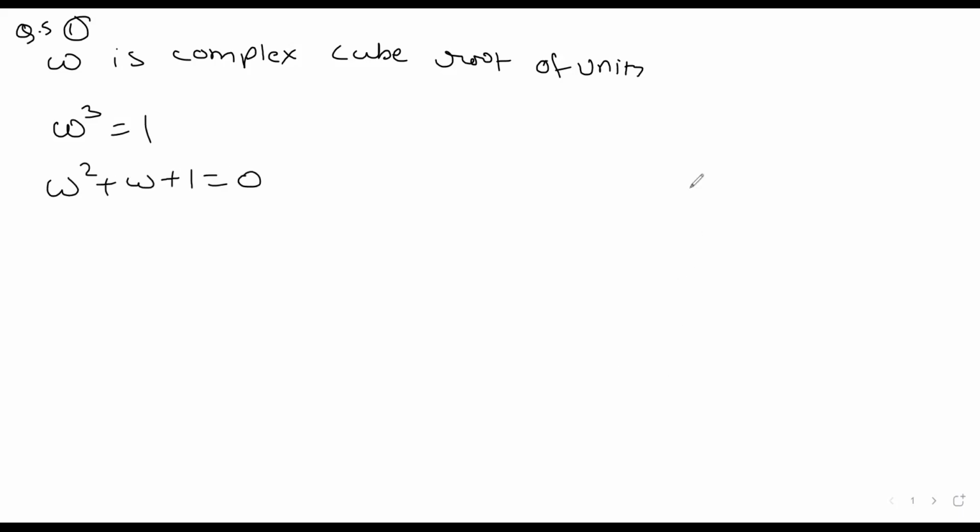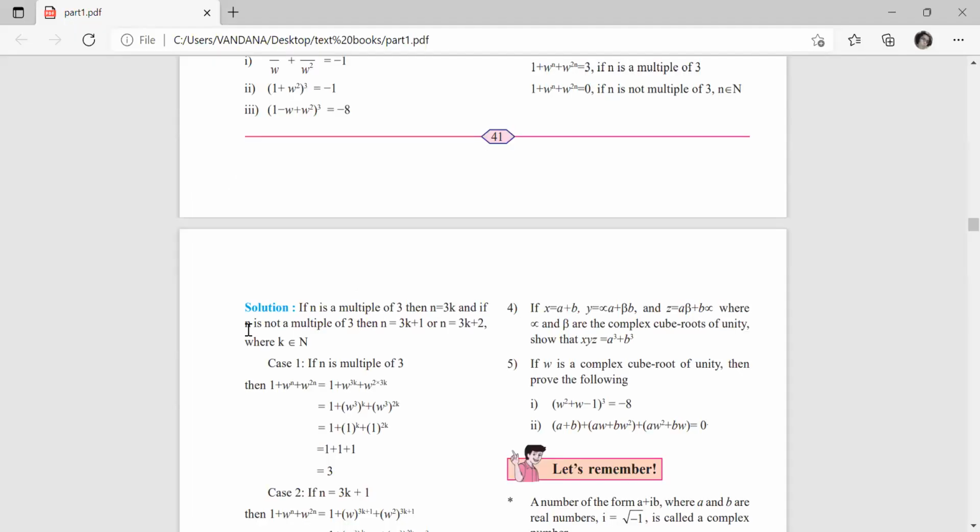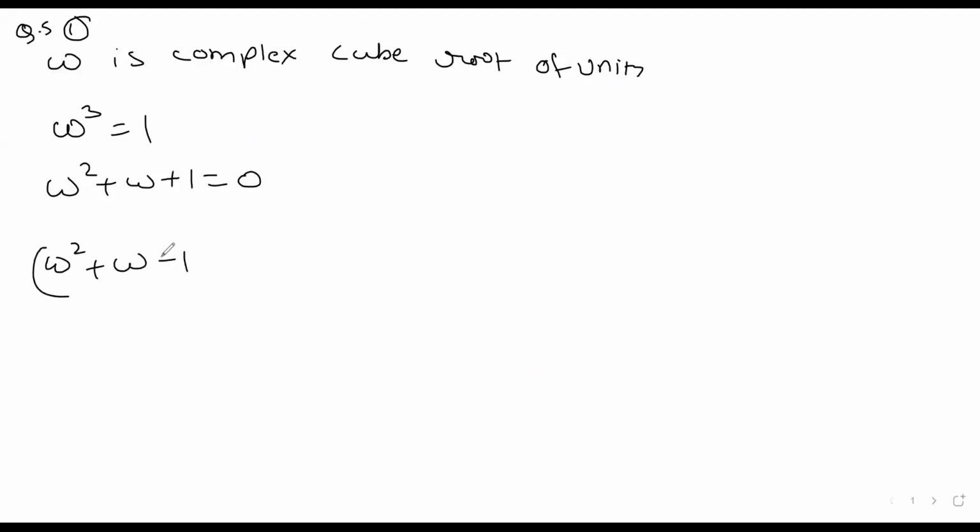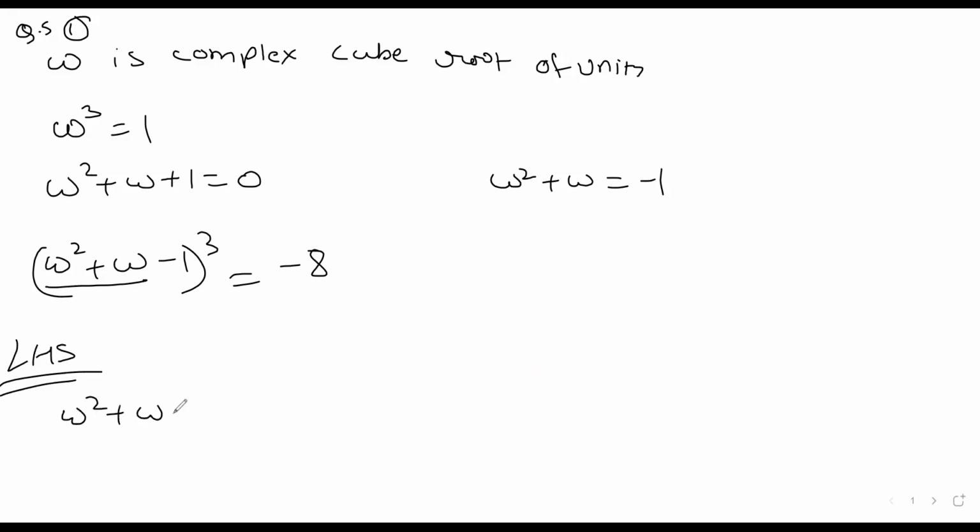These are the two things. Now see, w square plus w is equal to -1. So the LHS will be (-1 minus 1) whole cube, that is (-2) whole cube. Answer is -8, proved.